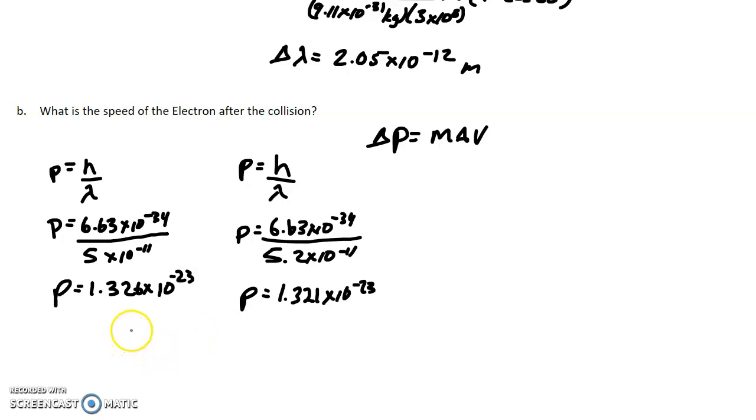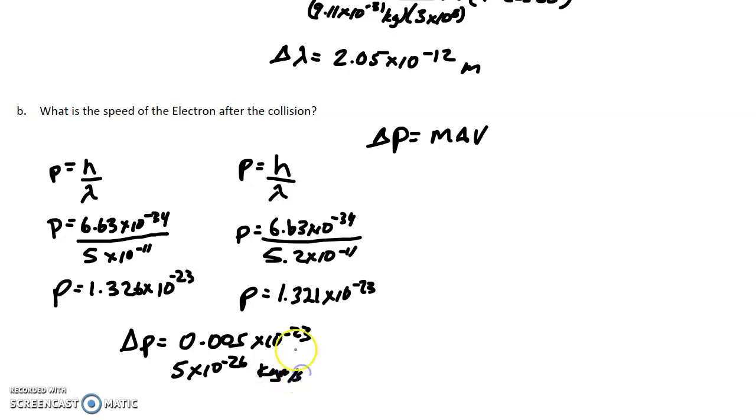That change in momentum overall of the photon is 0.005 times 10 to the negative 23, or 5 times 10 to the negative 26 kilogram meters per second as the standard units. And so that momentum is being transferred to the electron.